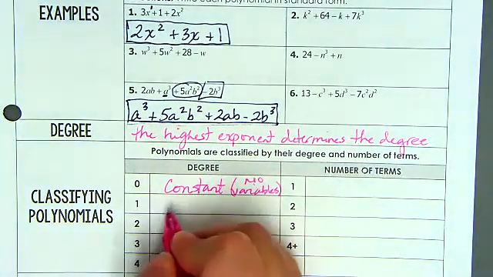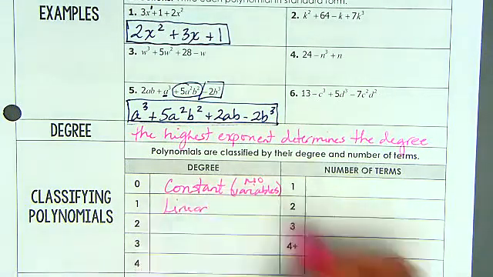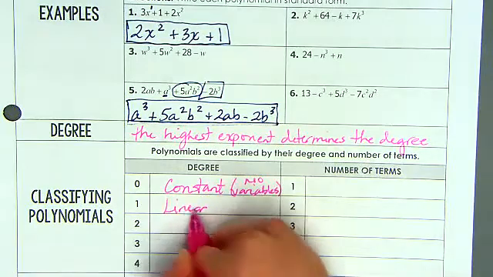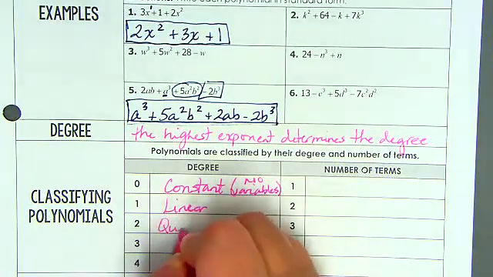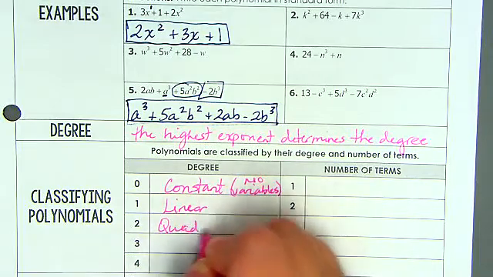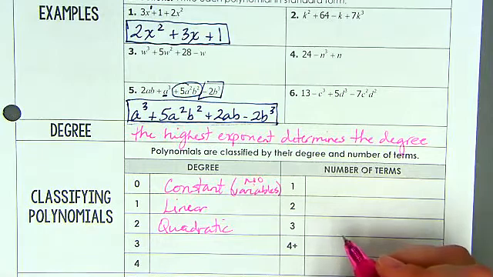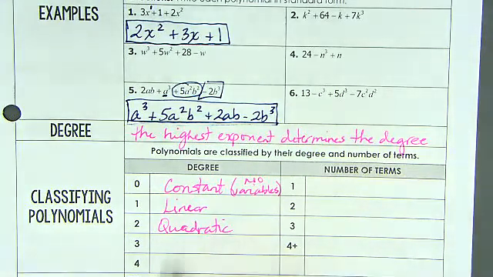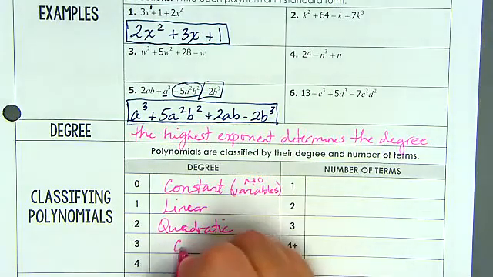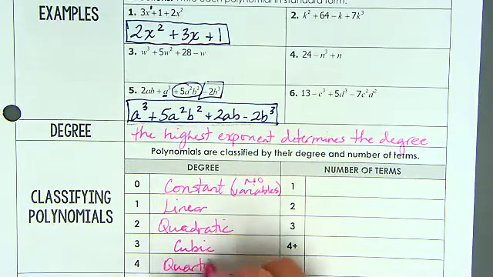A degree of 1 is considered linear, which means the exponent is a 1. 2 is considered quadratic. Three is called cubic. 4 is quartic, and that's as high as we're going to go.